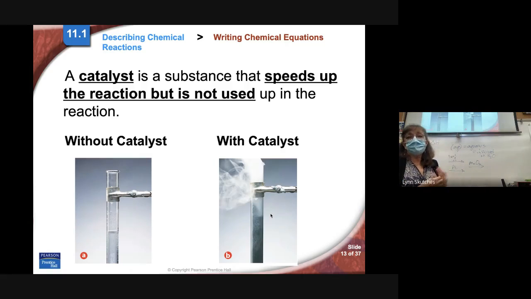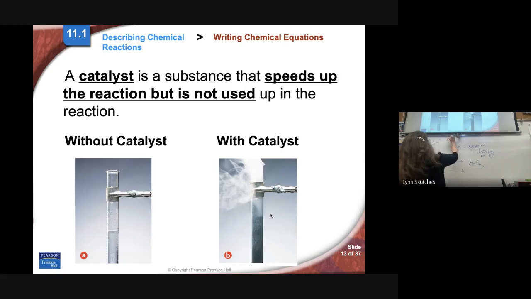They're not used up. In your body, what kind of compounds are catalysts to speed up reactions in your body, like digestion? Enzymes, good job. So enzymes are biological catalysts.